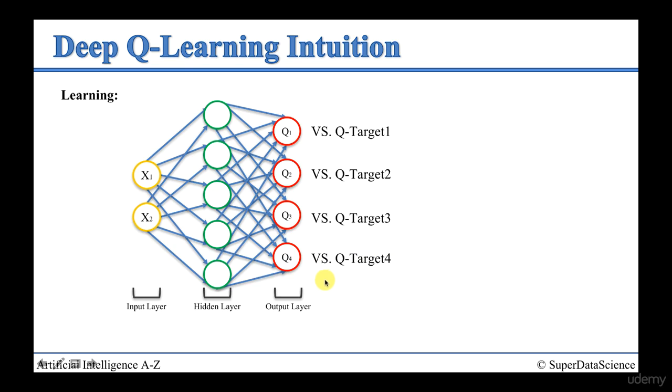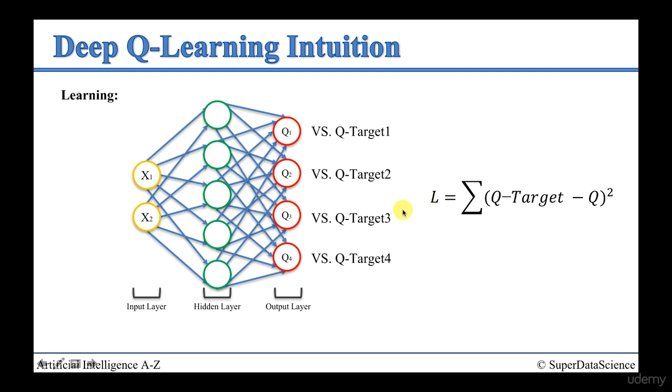Once again, that's all in annex number 1. We're going to calculate a loss, which is L here: Q target minus Q, squared, so the squared difference of each one of these, and we're going to sum them up. That's going to be our loss.